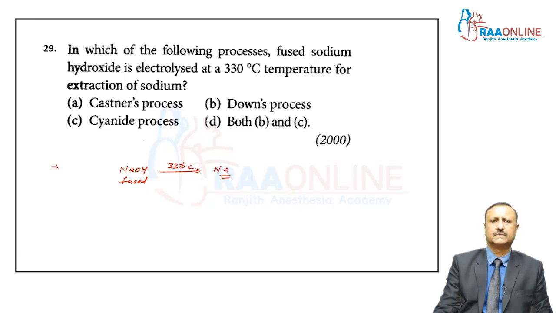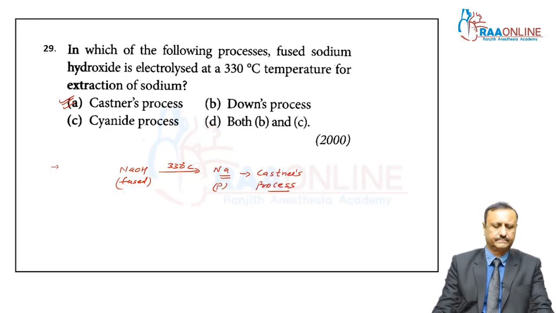My dear students, what is this process in which sodium hydroxide is used and we get sodium as a product? This is called the Castner process. In the Castner process, you can see the NaOH is converted into sodium metal.